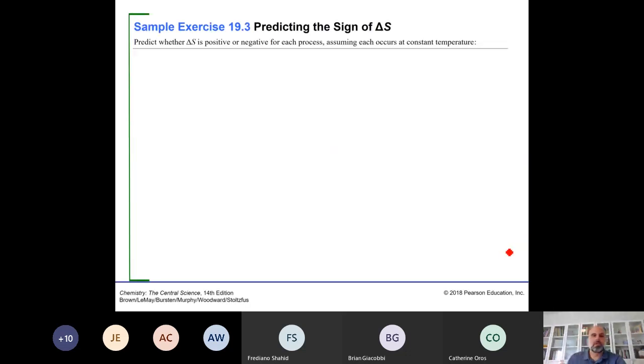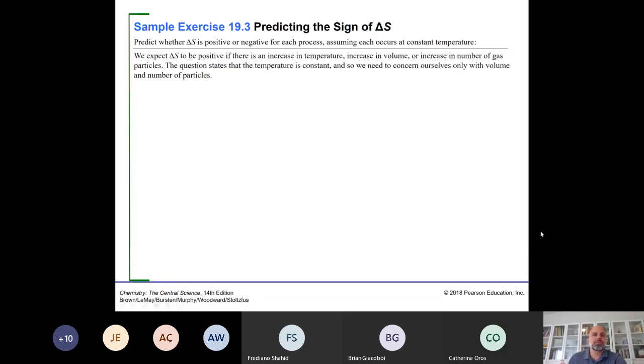All right, let's go through a sample problem here. We're going to predict the sign of the change in entropy. So predict whether the delta S is positive or negative for each process, assuming each occurs at a constant pressure.